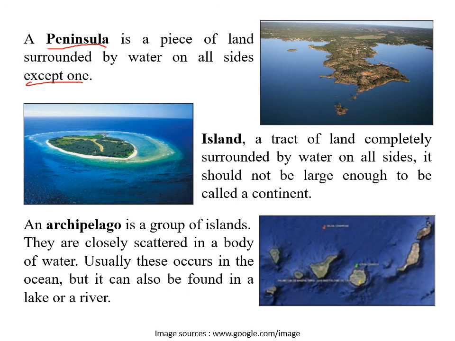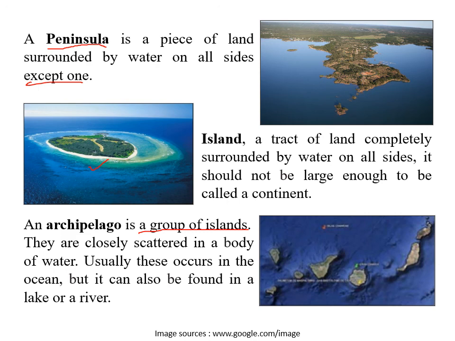So these kinds of landmass are known as islands. And sometimes it is found that instead of a single large piece of landmass occurring in the sea, there is a group of islands, and these are individual small isolated landmasses surrounded on all sides by marine water, but they are far smaller in size and they occur in clusters.